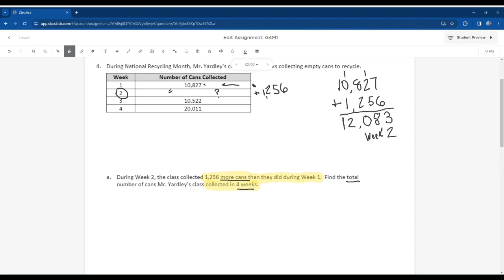So I'm going to go ahead and plug this number in over here. 12,083. So we took care of this part.